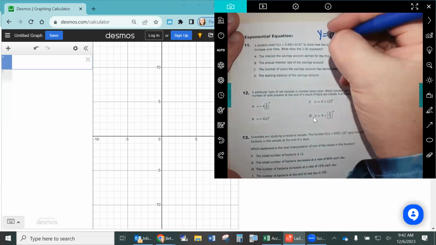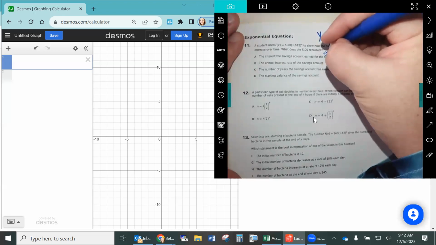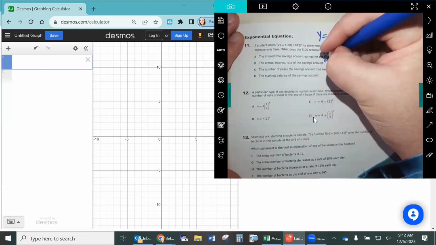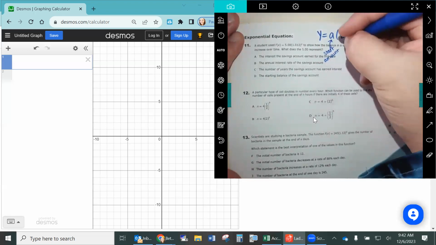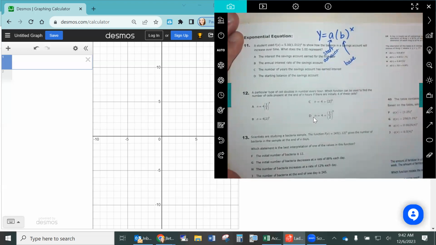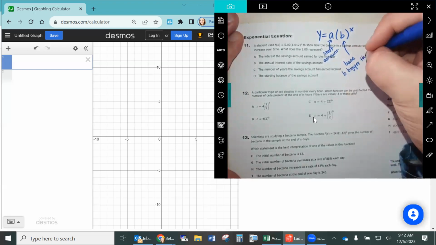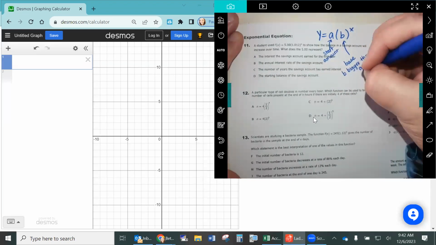So the number in the very front is always going to be the start amount. And the number in the parentheses is going to be the base. Remember that if your base is bigger than 1, it is growth.